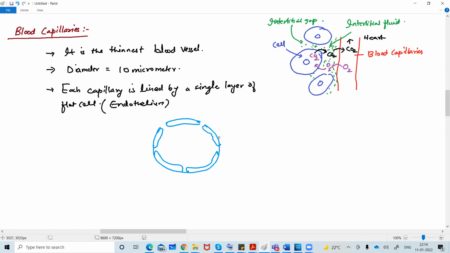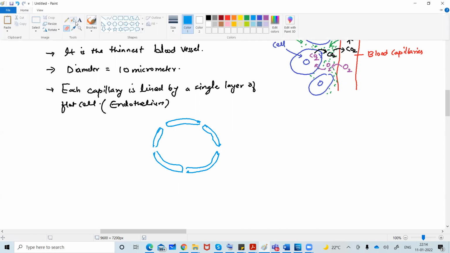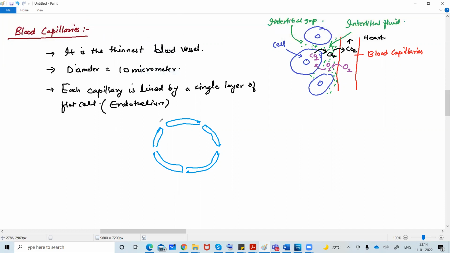There are fine gaps present here. They are not that big. I'm just drawing to show the gap. So this gap, and this is the cell, and each cell has a nucleus. Nuclei are also arranged like this, and blood is flowing through this.